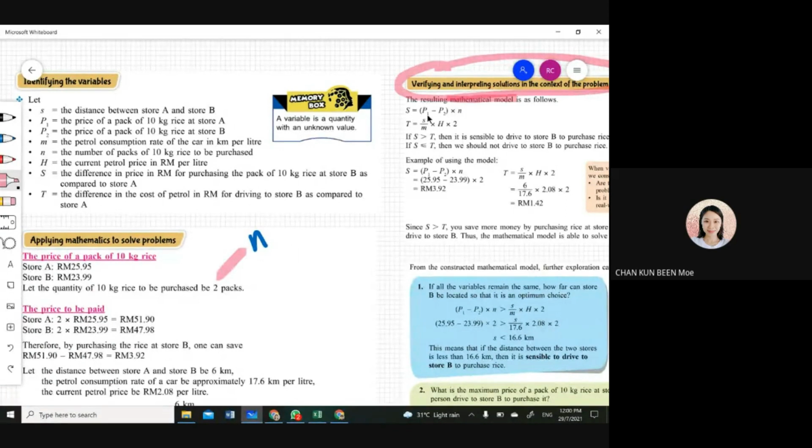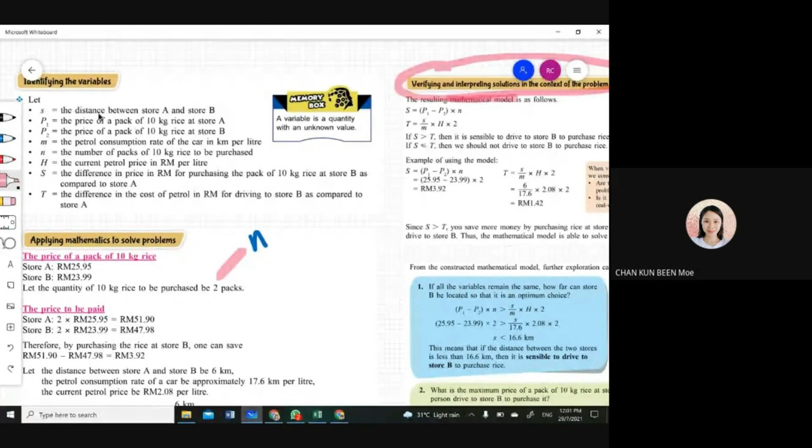So P1 is the price in store A, minus P2, the price in store B, and then you multiply by the number of packs of rice that you want to buy, so that is 2. And then T stands for the difference in the cost of petrol in RM for driving to store B as compared to store A. So that is the difference of cost of petrol. That is equal to S over M.